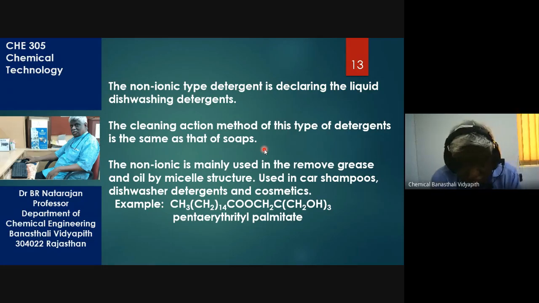Now I increase the concentration. Then some more hydrophilic goes inside, and some more hydrophobic remains on the surface of the liquid, right? Assume that the vessel has got water. So when I add a soap, the hydrophilic part is inside the water and the hydrophobic is outside the water.